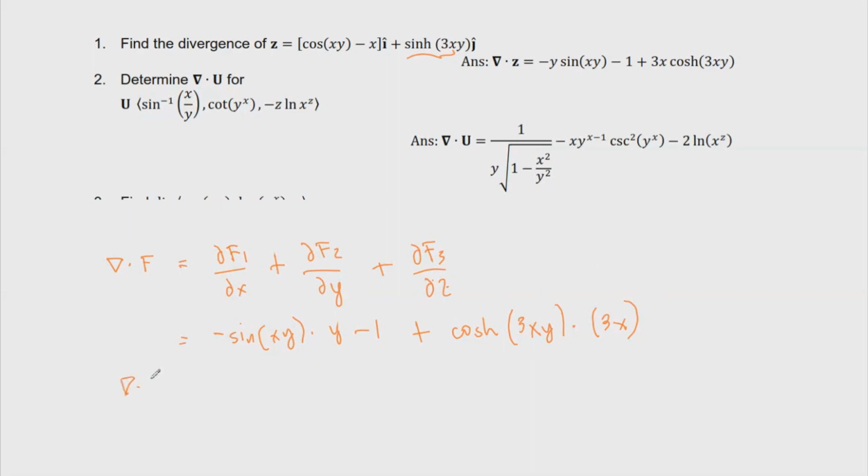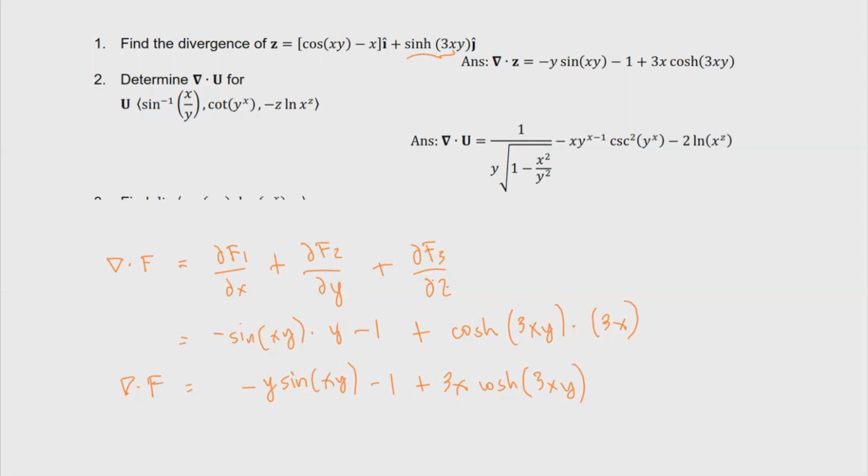Now we can simplify this further, so we have negative y sine of xy minus 1, plus 3x hyperbolic cosine of 3xy. Okay, so this is our final answer.